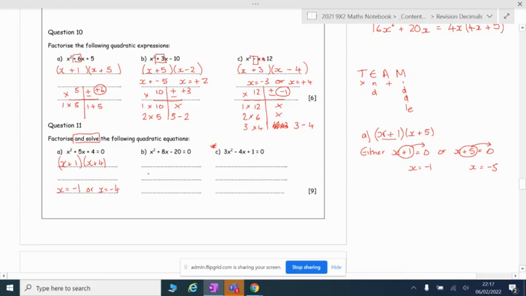And here, your answers were x plus 10, x minus 2, giving the hence solve bit of x equals minus 10, or x equals 2. And don't forget to write that or you could say either this or this, do it in full, like I've done over here. Okay, we're now going to move into something a little bit more tricky.